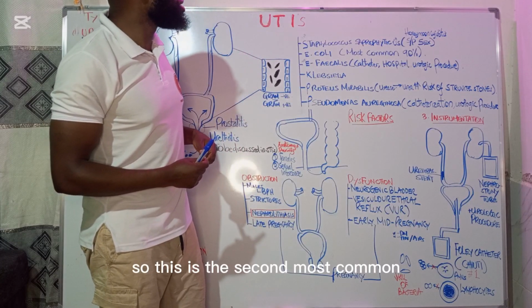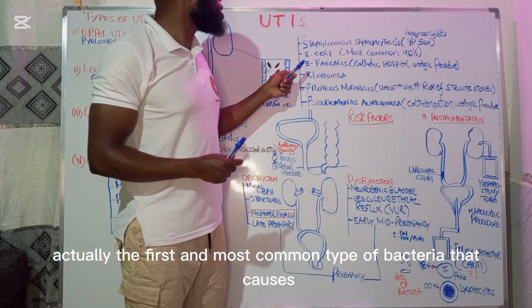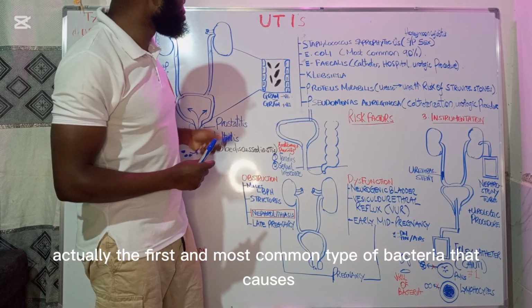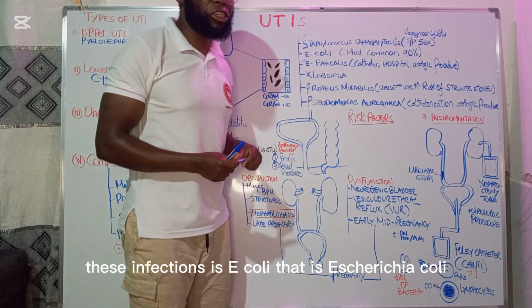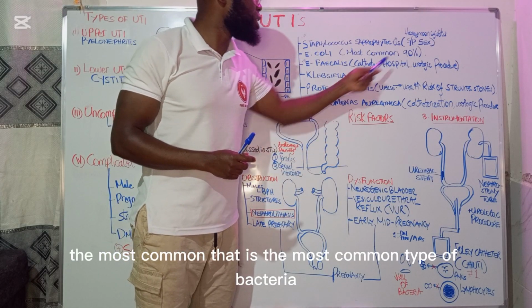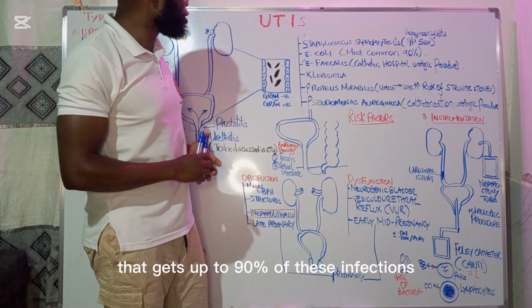So, this is the second most common, actually. The first and most common type of bacteria that causes these infections is E. coli, that is Escherichia coli. The most common type of bacteria, it accounts for up to 90% of these infections.